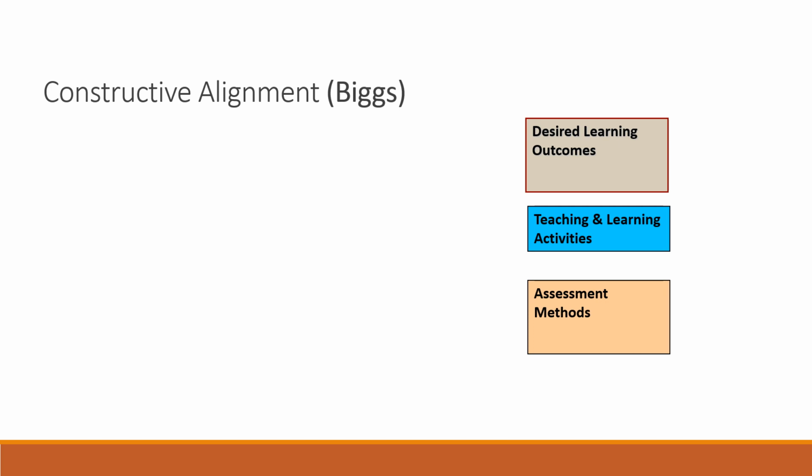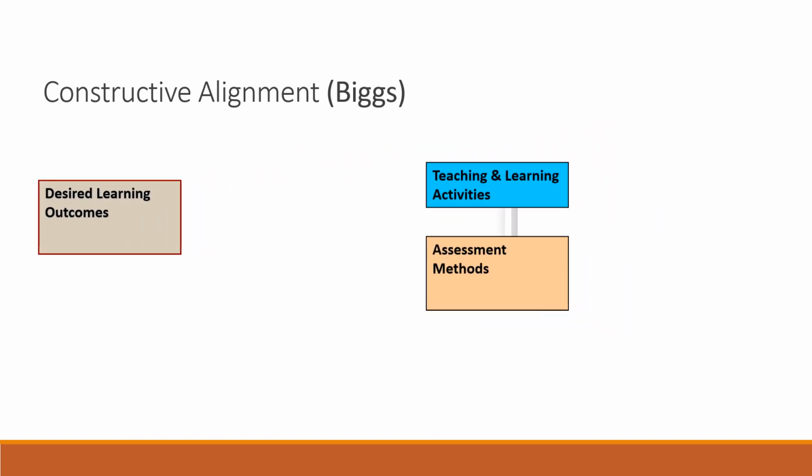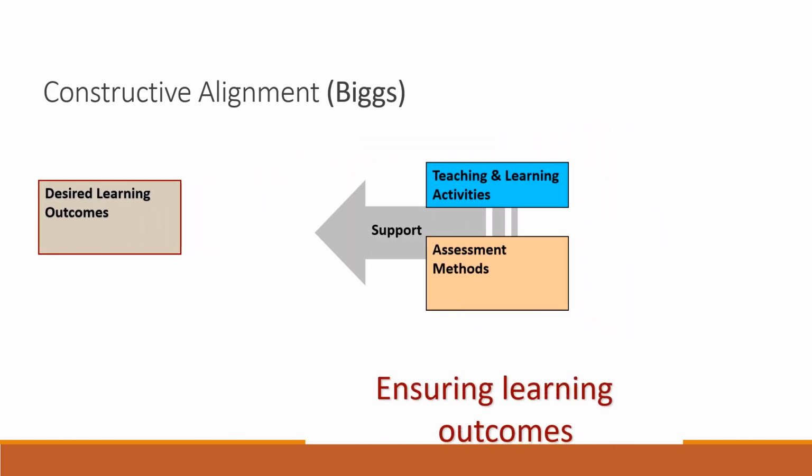Now, constructive alignment itself. Of course, you have a desired learning outcome: this is what I want the student to learn. And then teaching and learning activities, and then the assessment method. All come together to ensure the desired learning outcomes.